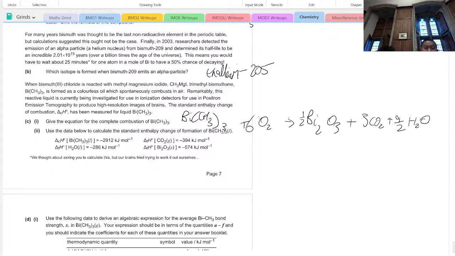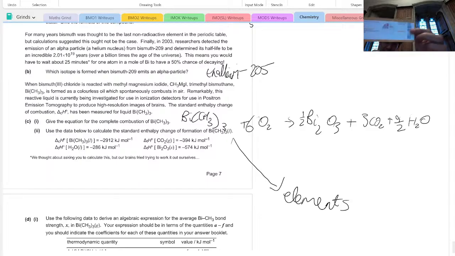Okay, so enthalpy is change of formation of Bi2CH3L. Now, do you know what I like to use? I draw an arrow here called elements. Yeah, that's what everyone does. Elements doesn't have any enthalpy of formation or combustion.